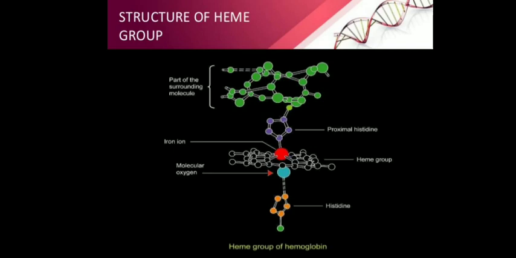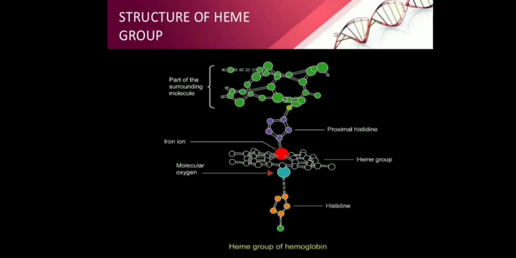And the globin protein of the subunit is folded in a pattern which forms a strong pocket for binding to the heme group.